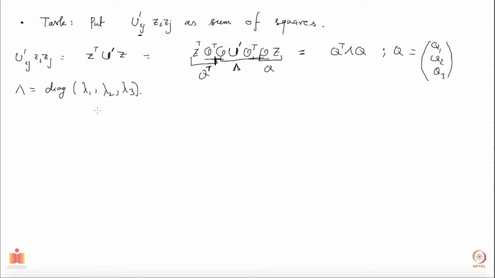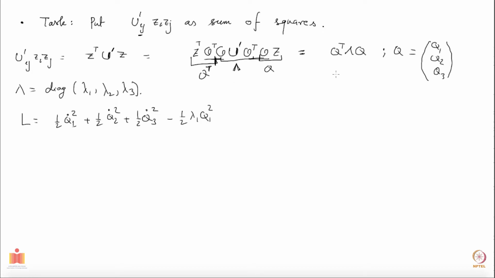So what do I have for my Lagrangian now? My Lagrangian looks like this: half q1 dot square. Let me write down first all the kinetic pieces: half q2 dot square plus half q3 dot square. Then the potential terms will give you minus half lambda 1 q1 square.